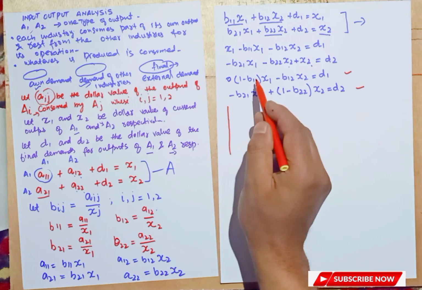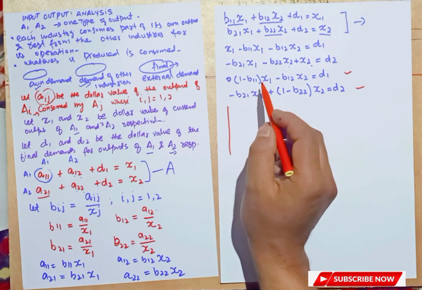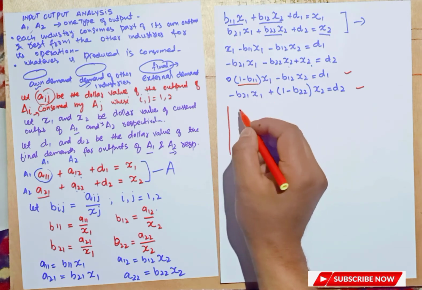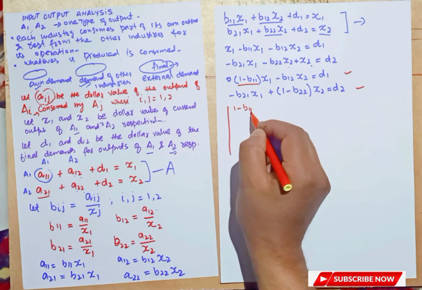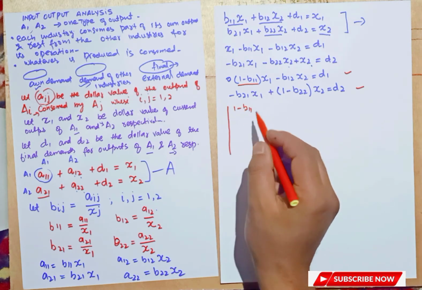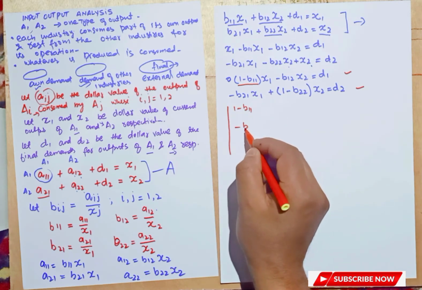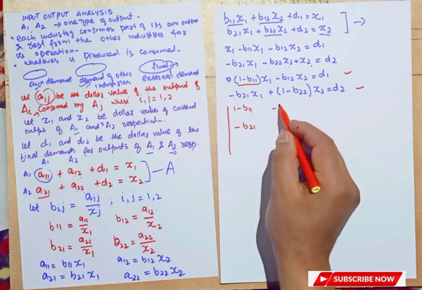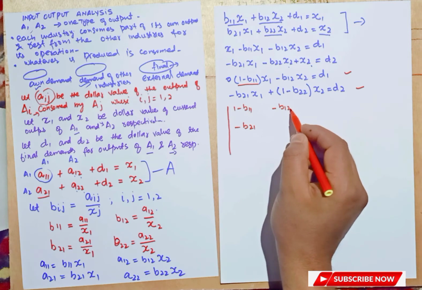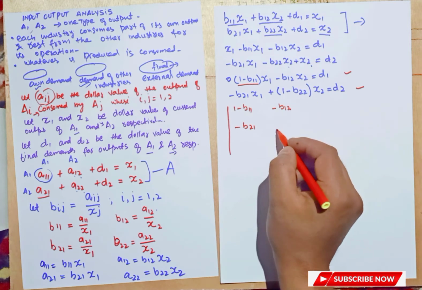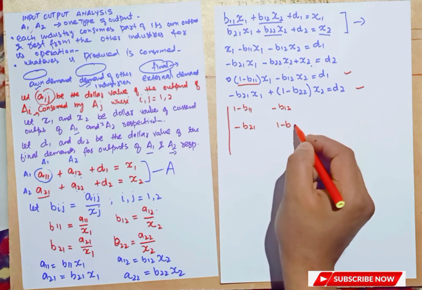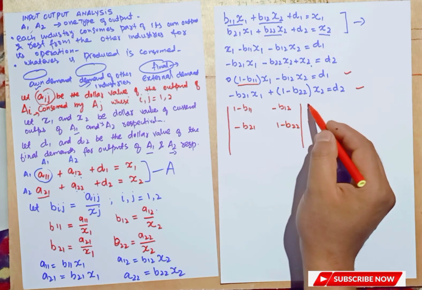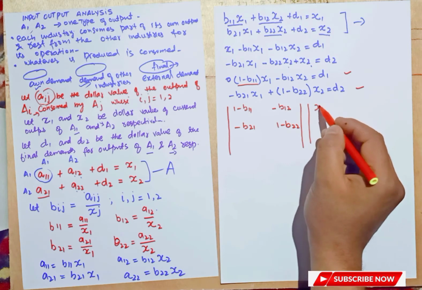First we write the coefficient of x1. So the coefficient of x1 is here, this 1 minus b11. Now here the coefficient of x1 is minus b21. Similarly the coefficient of x2 is here minus b12, and the coefficient of x2 is 1 minus b22, and we have x1 and x2.